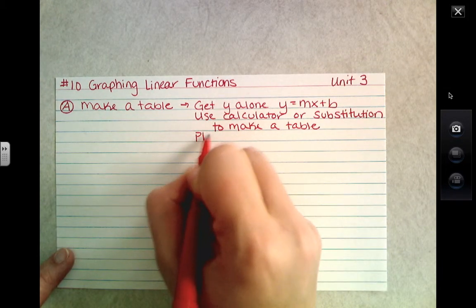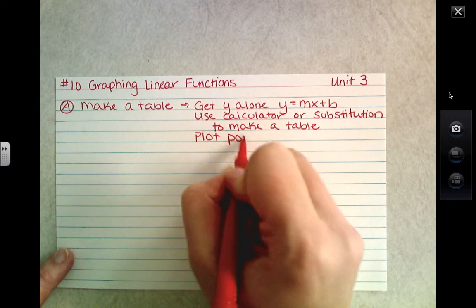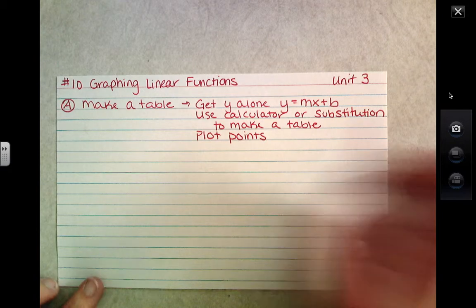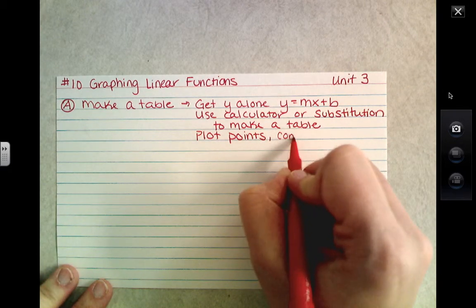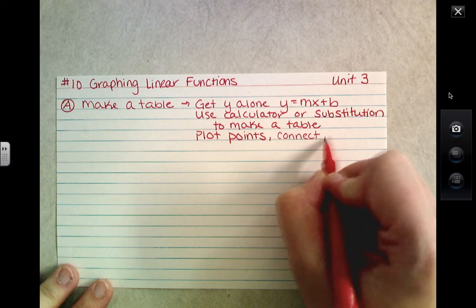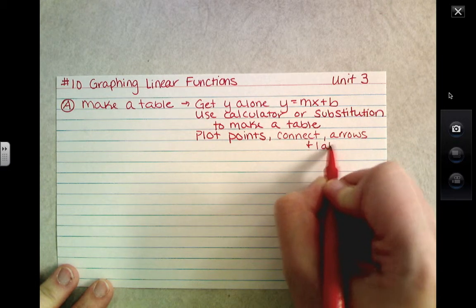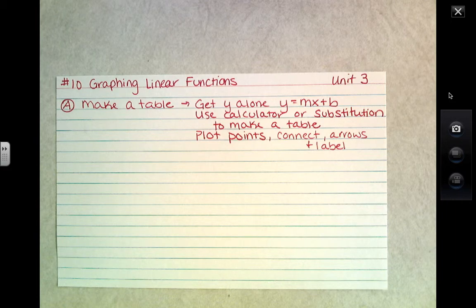So you will plot your points and then finish up your graph by connecting them and putting arrows and a label. Okay, so that's just a quick little synopsis of how to make a table. I think you have done that in the past, so that should sound somewhat familiar to you.